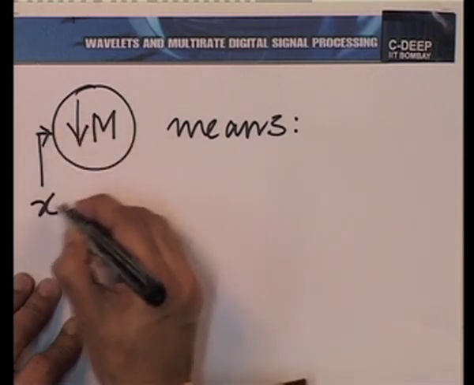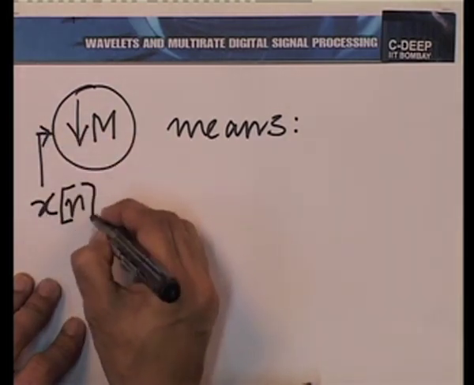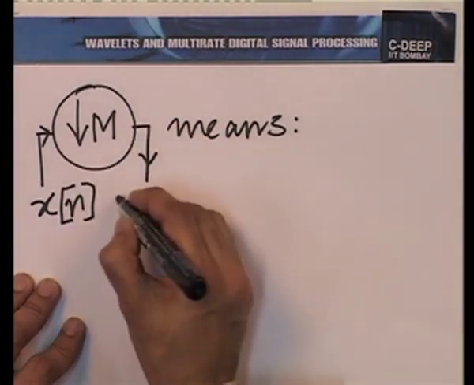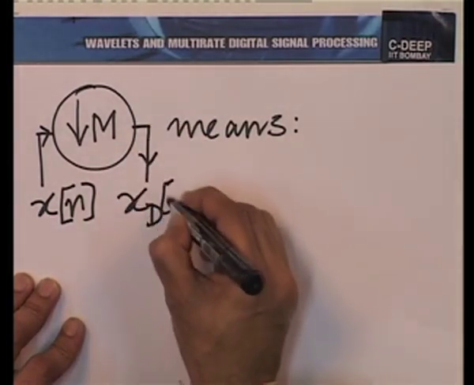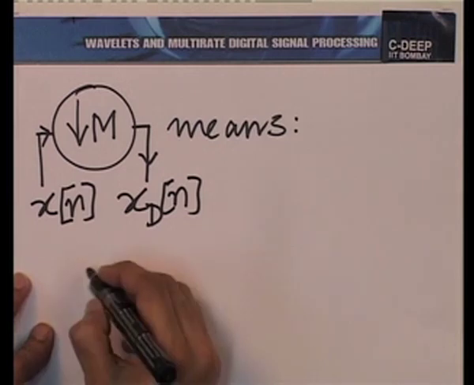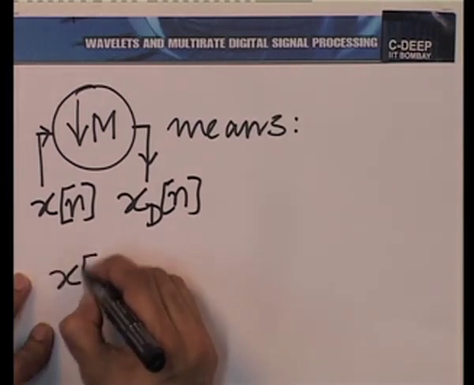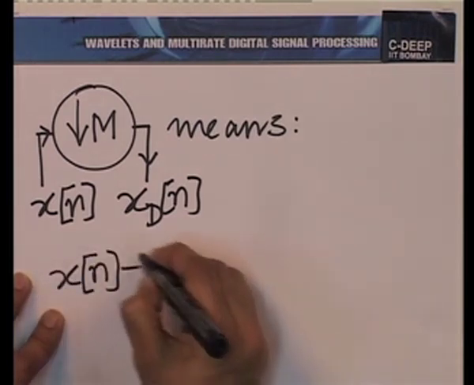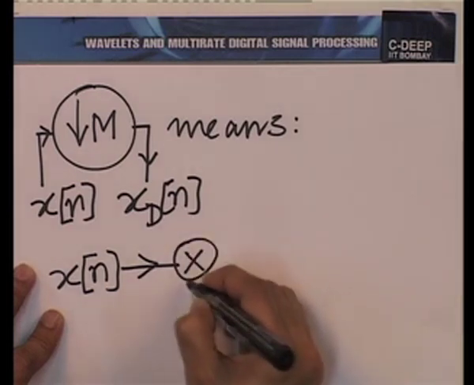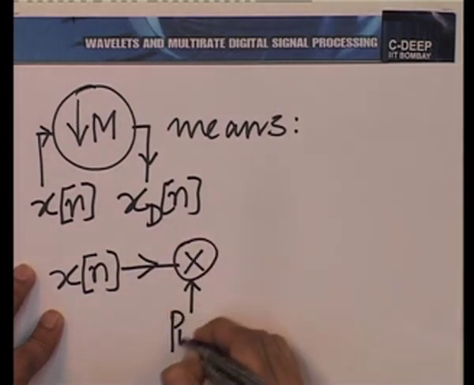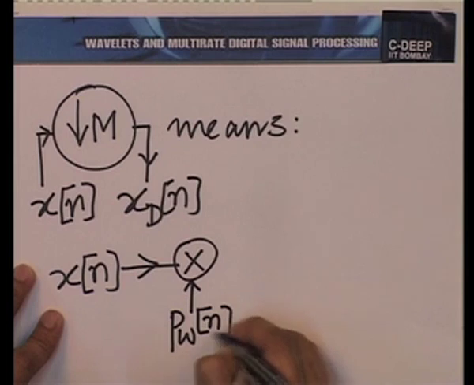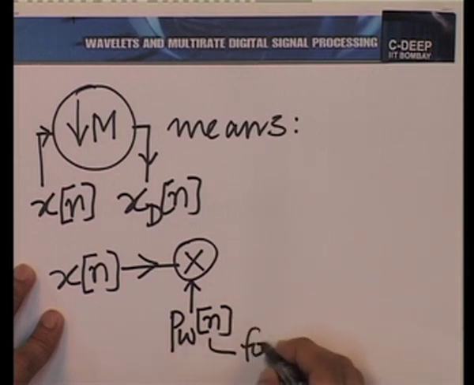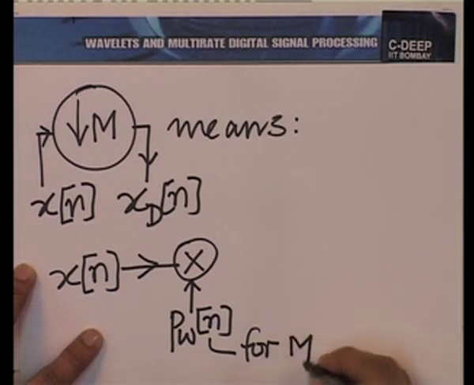Let us say x n has been downsampled to produce x d n, and that means x n has first been multiplied by PWN, PWN for downsampling by M, for M in brief.